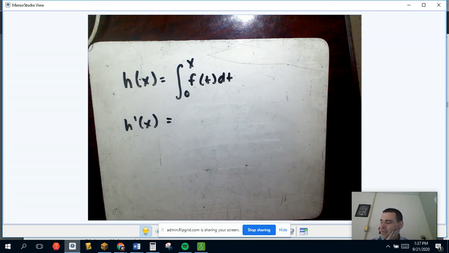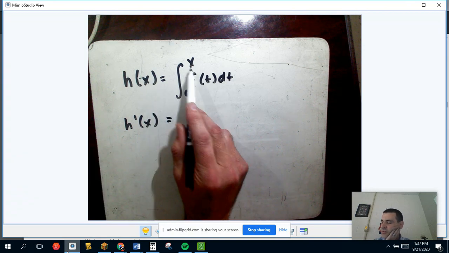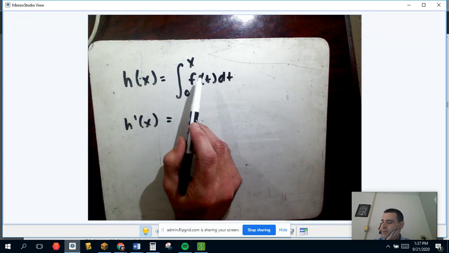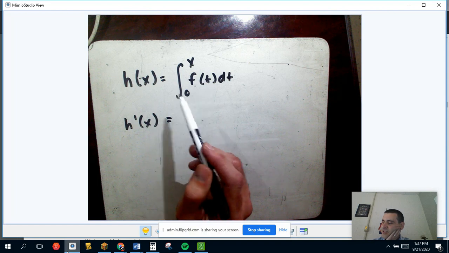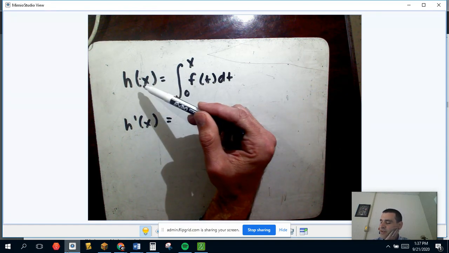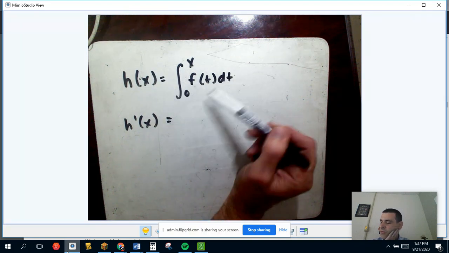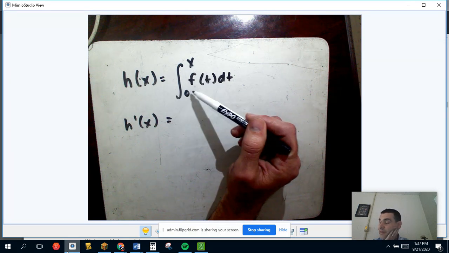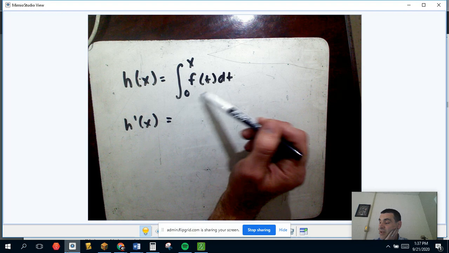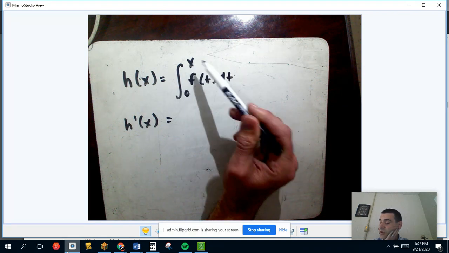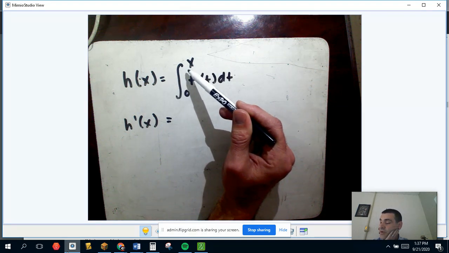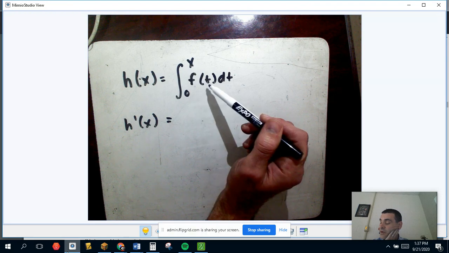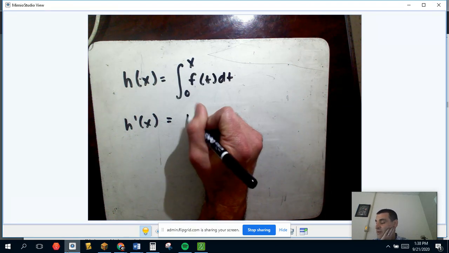The first part, you have these two different variables, which confuses folks, but essentially the derivative of this would cancel off that denominator. This is a function that accumulates area as it goes. So the derivative would be, if you remember your fundamental theorem of calculus, f of x right here.